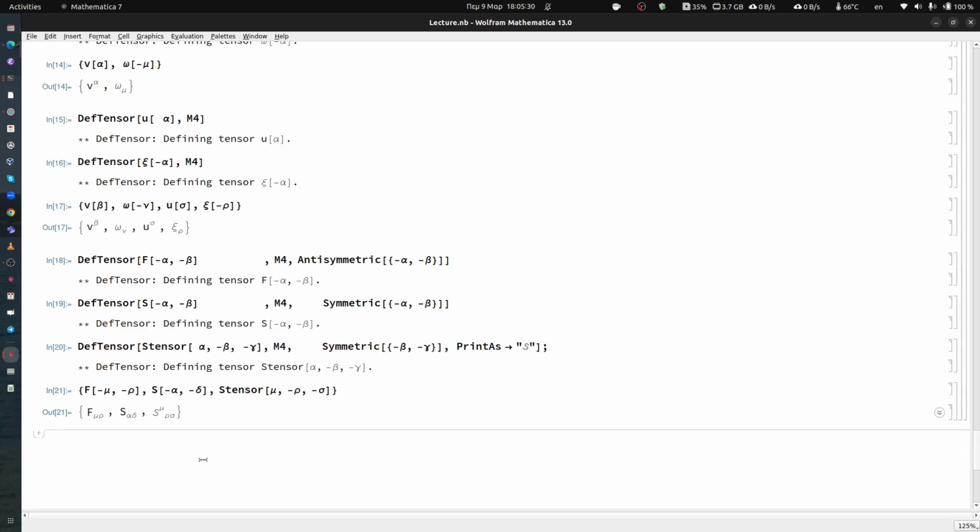So, since we have not instructed exactly how to print the tensors F and S, the symbols F and S are used in the output form. But xTensor is not printed by using the full input name of this tensor, but what we have chosen here is used there.